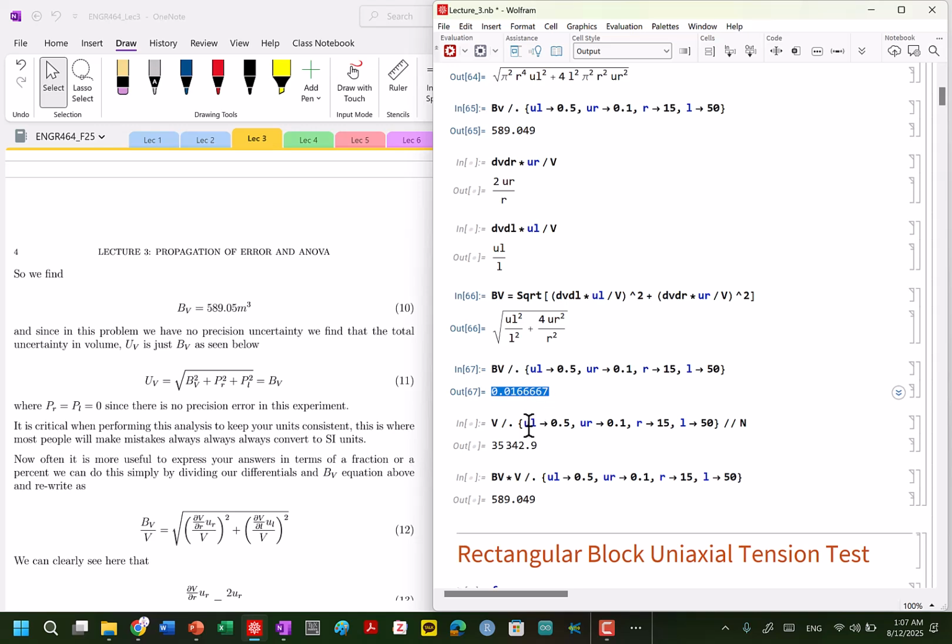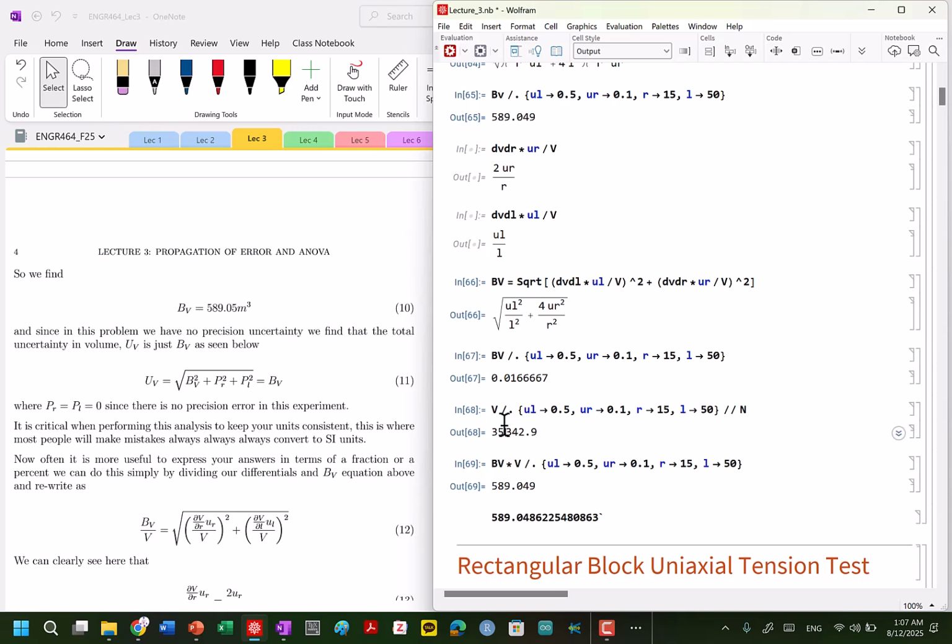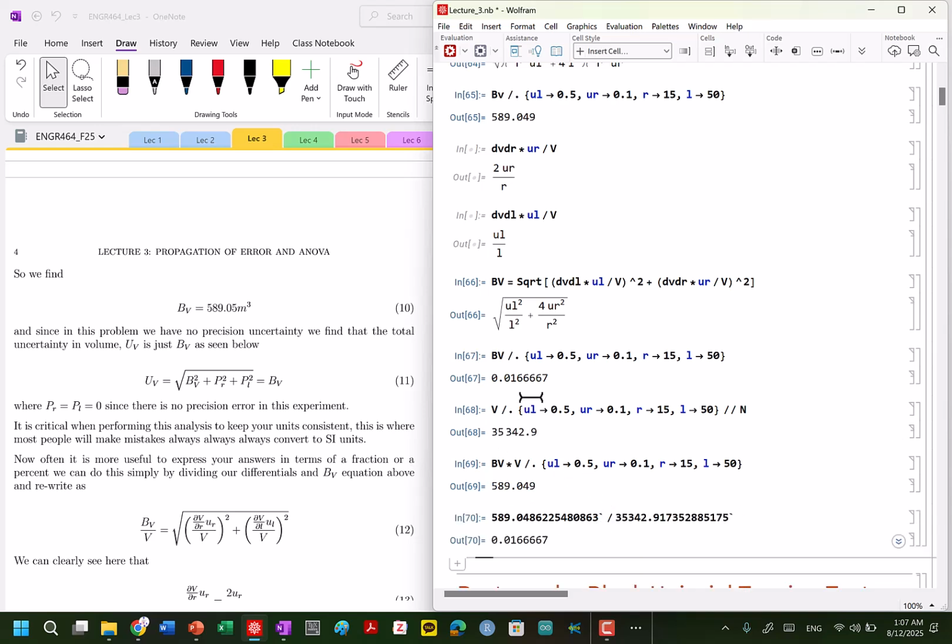But if I actually calculate the nominal value here, plugging in all the known values, and multiply this V times my ratio here, you see I'm going to get this 589, and that will be the same as this divided by this, which should be 0.016. Beautiful. So you can offer it another way.